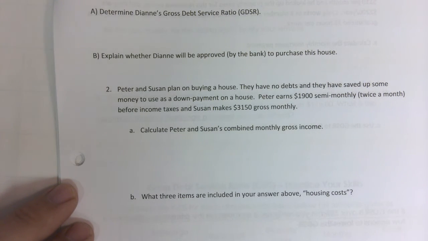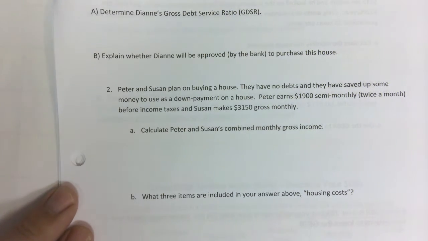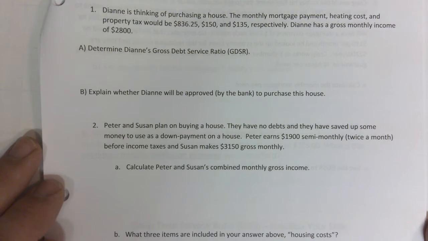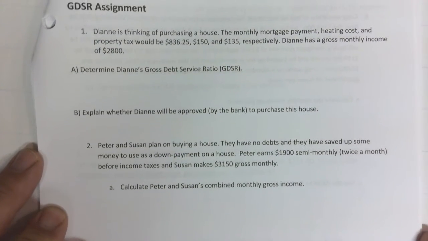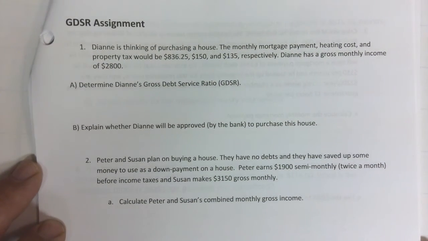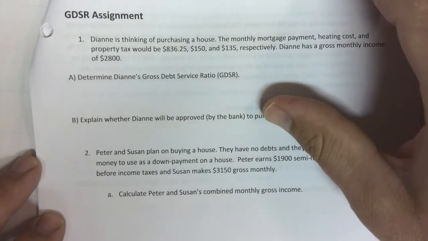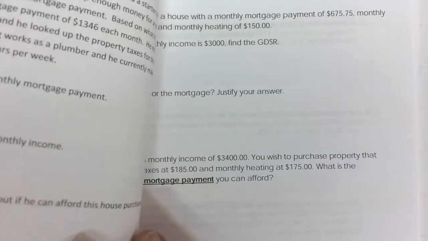I would like you to take a couple of minutes, let's say 10 to 15, and go to page 35 and try that right now. Calculate and answer the questions there on page 35.